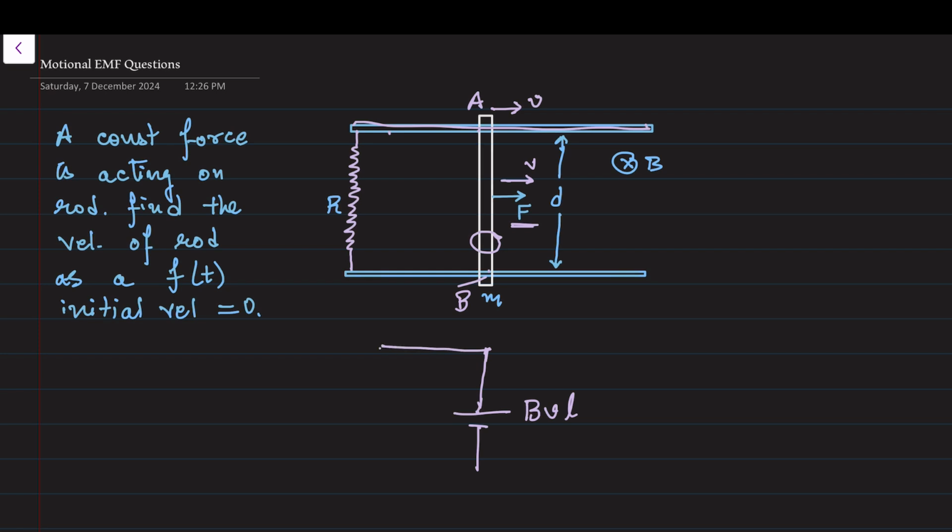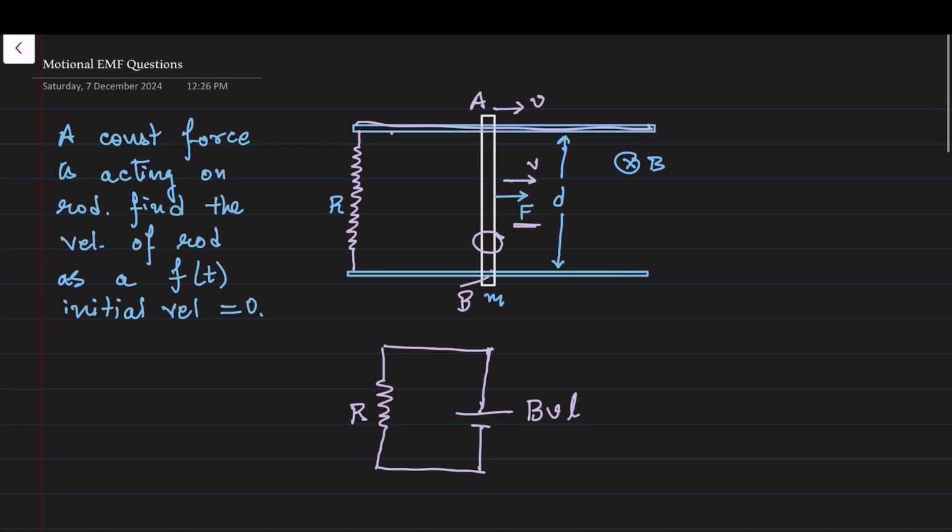Conducting rods are not having any resistance, and this resistance R is there. By using KVL, let us say current I is flowing, then I will come BVL by R. Here D is given, I am writing it L.